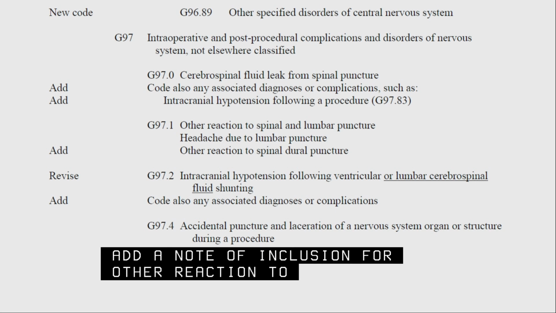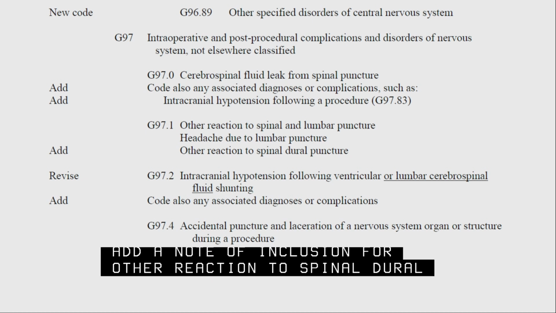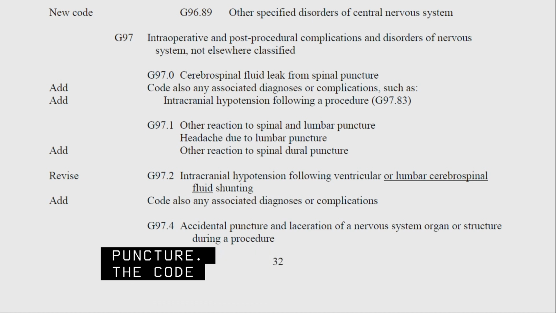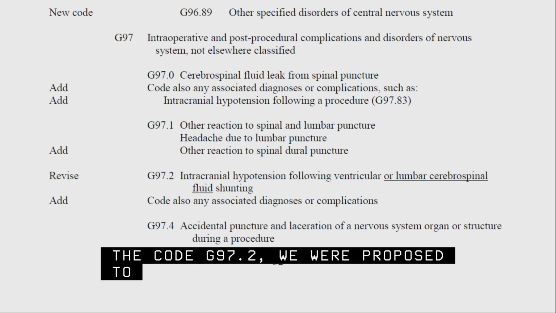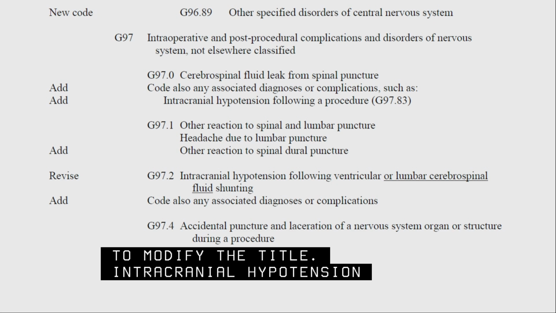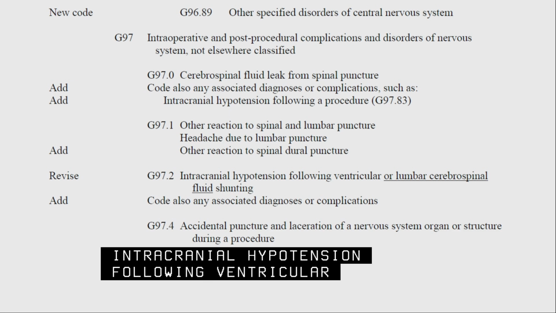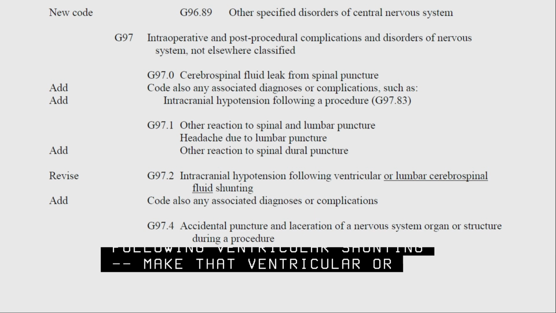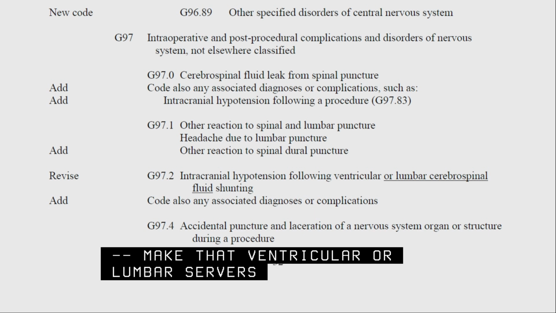The code G97.2, we would propose to modify the title. It's intracranial hypotension following ventricular shunting. Now we would make that ventricular or lumbar cerebrospinal fluid shunting. And also add a note to code also any associated diagnoses or complications.